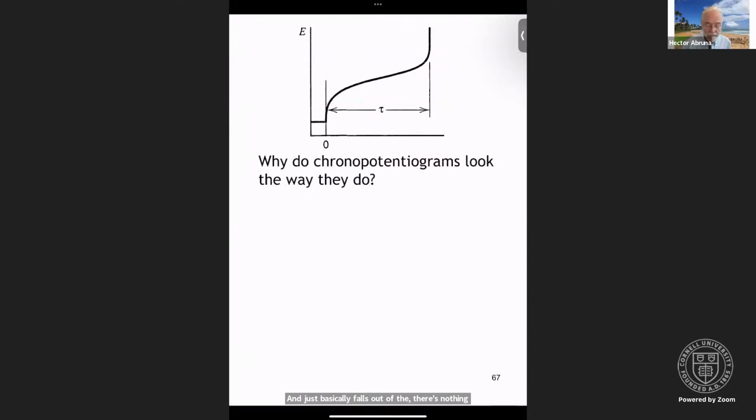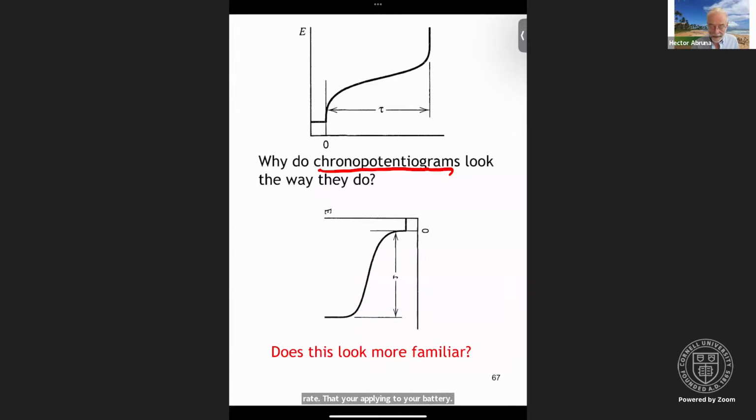Now, a better question is, why do chronopotentiograms look the way they do? And by the way, for those of you involved in battery research, this sure as hell looks like a discharge profile in a battery, right? Where the current density, think of it as the effective C rate that you're applying to your battery. What if I plot it like that instead?